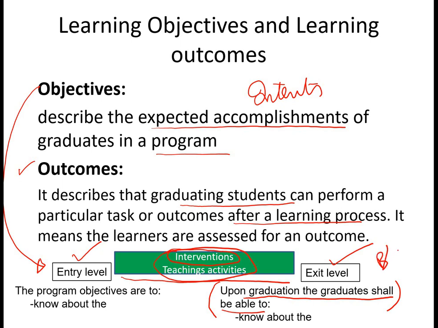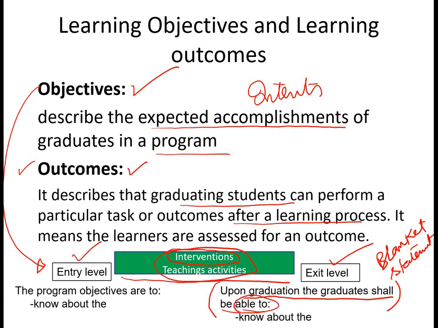From this blanket statement you will come to know whether you are reading the learning outcome or the learning objectives. For example, if you are learning through PBL as a learning strategy, upon completion of this problem or at the end of this PBL, the participant shall be able to.